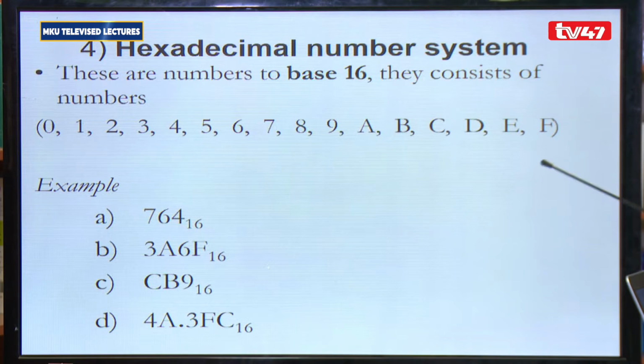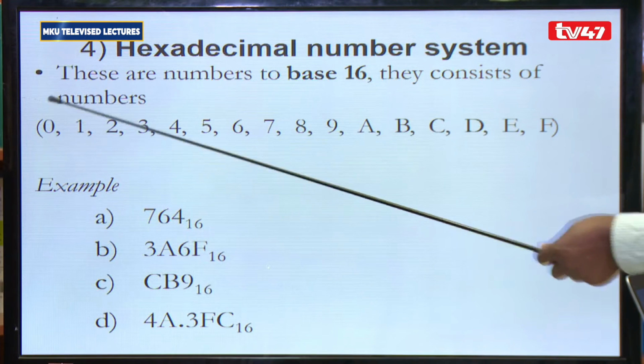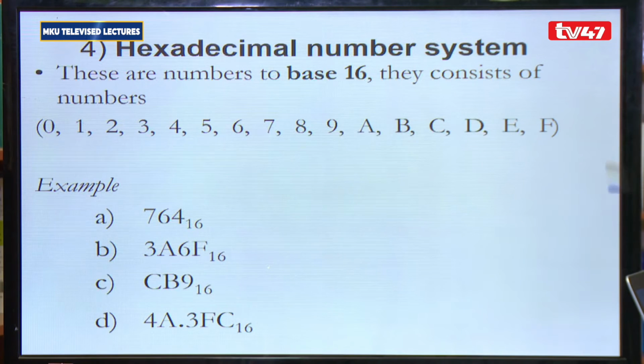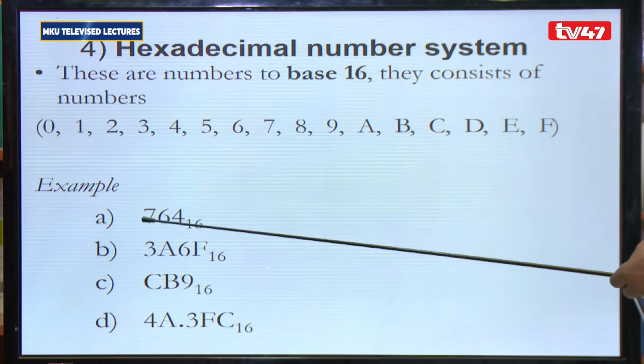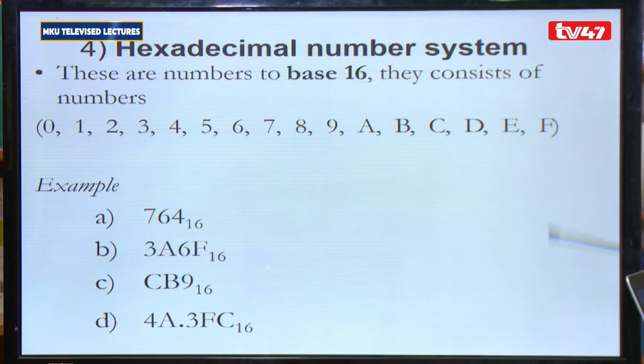We don't use 11, 12, and so on, because when you use 11 here, we already have 1 and 1. When you type 1, you cannot tell the computer, wait, I have another 1, I mean 11. Those are treated as separate values by a computer. Again, they can be a whole number, like 764 base 16, or a fractional number.